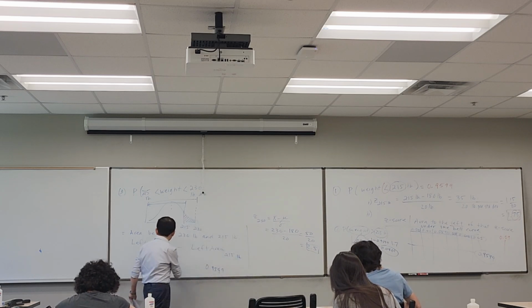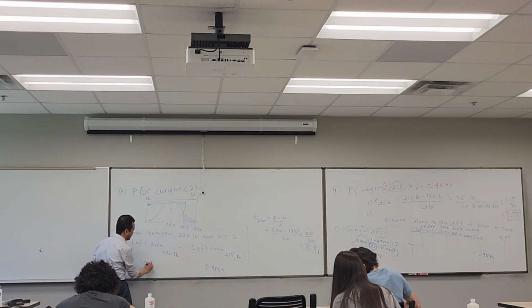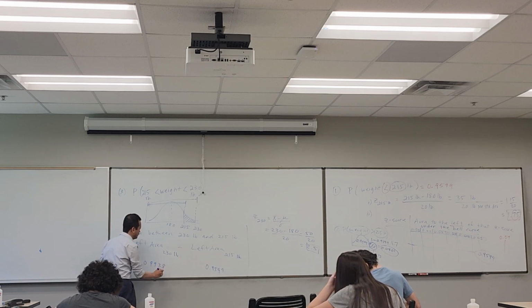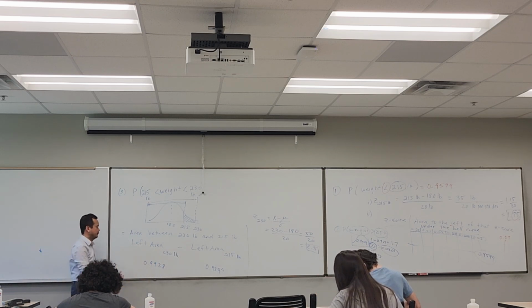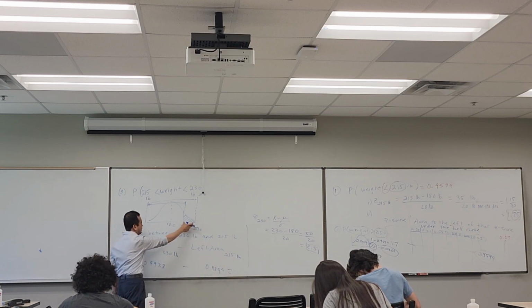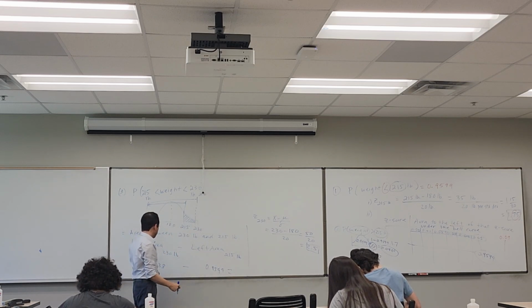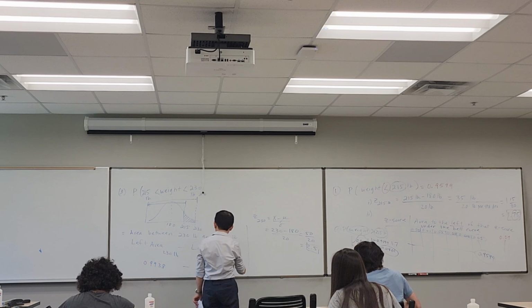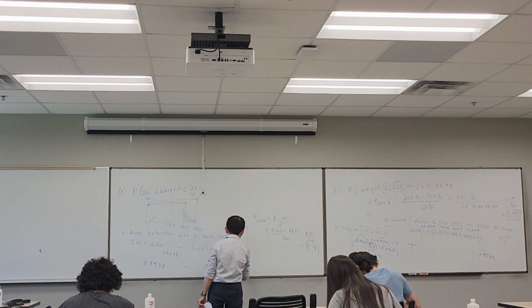So this left area is 0.9938. And then we're going to subtract these two to get this area in between that we want. So that looks like 0.0461.